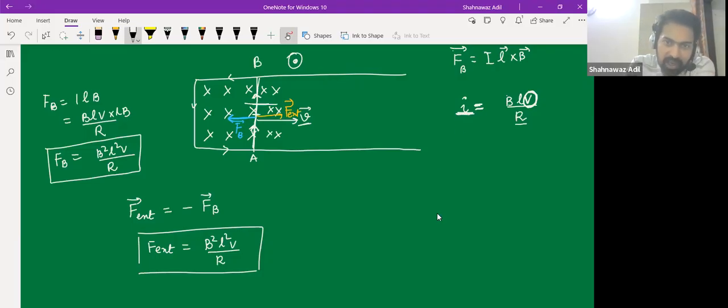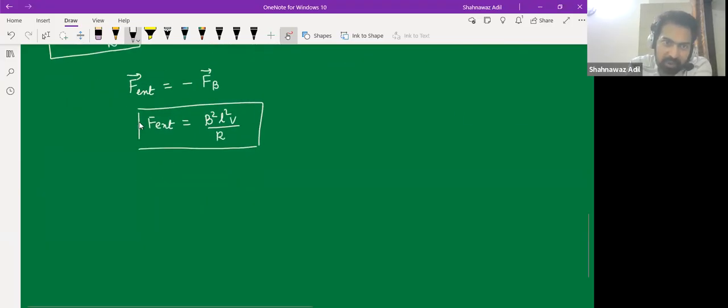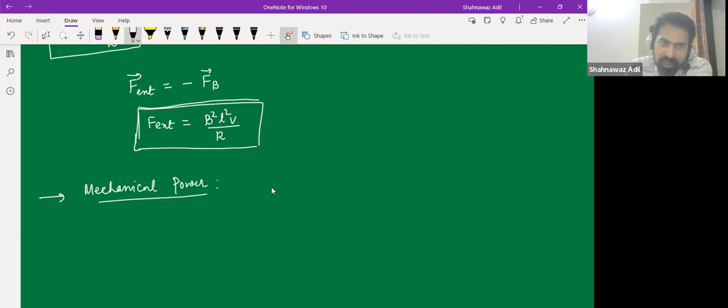So now I have calculated the force. Now I have to calculate the mechanical power. I have to calculate how much power I am exerting to have the fixed current.